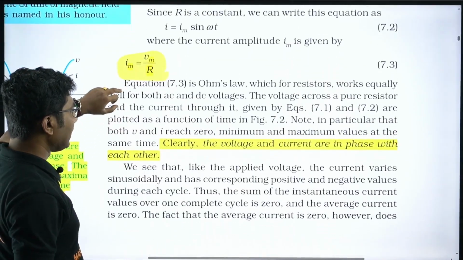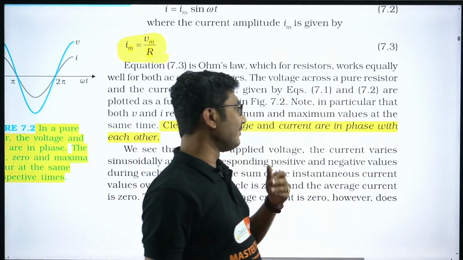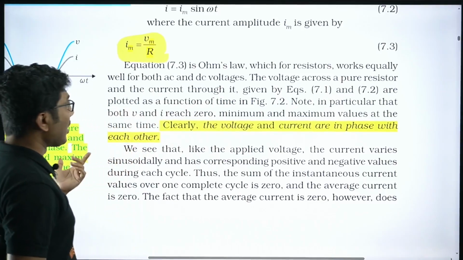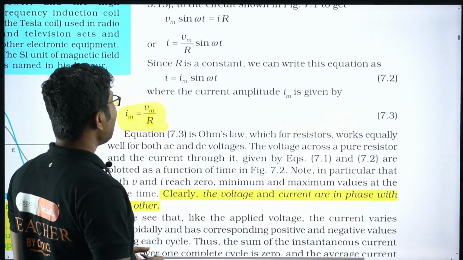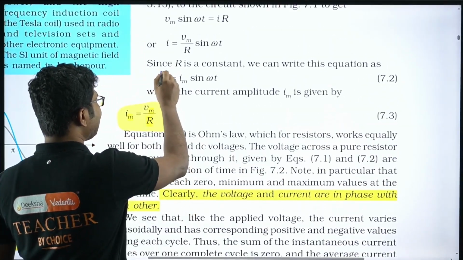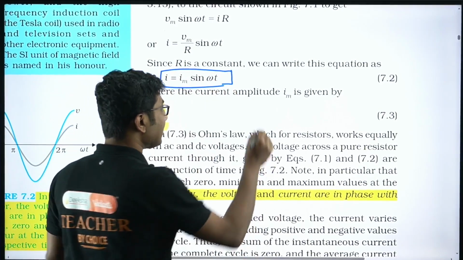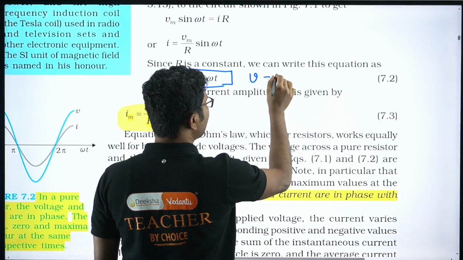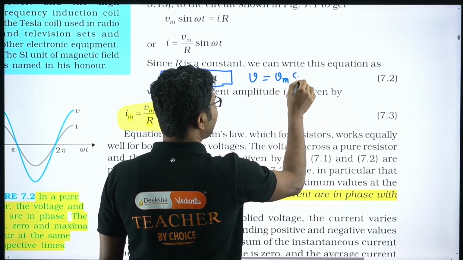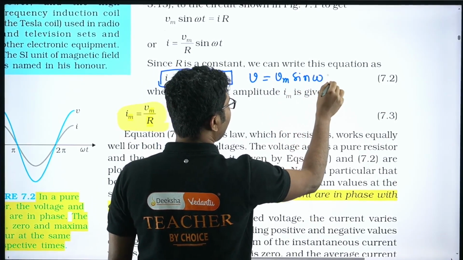Now clearly the voltage and current are in phase with one another. Why in phase? If you see, the expression for current is I is equal to Im sin omega t. What was the voltage? Voltage was V equals Vm sin omega t.